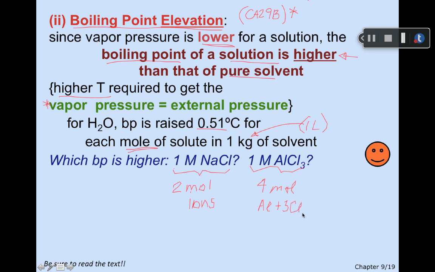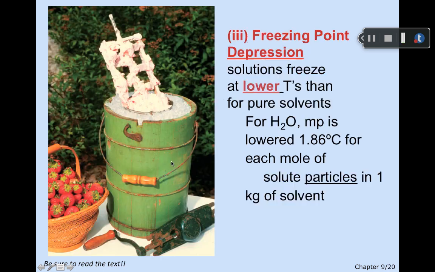And so each of those count separately as particles in the solute conversation. So the one that has the most moles of solute per liter, per kilogram, works out the same, is going to be the one that has the higher boiling point. The higher boiling point, therefore, is the aluminum chloride.